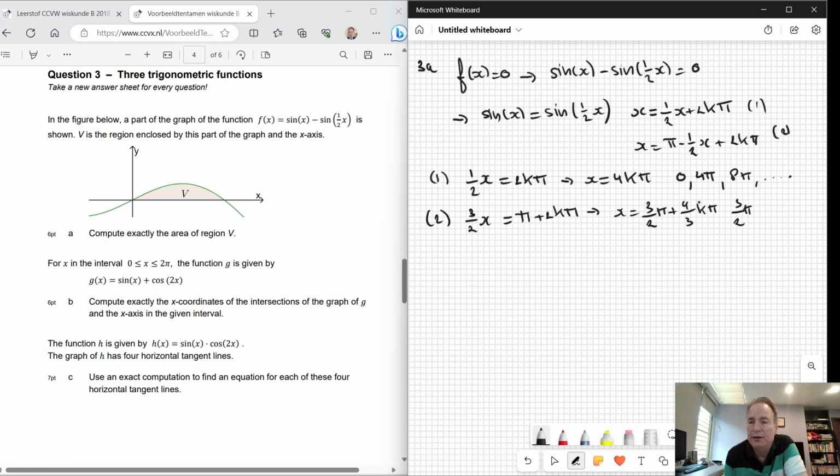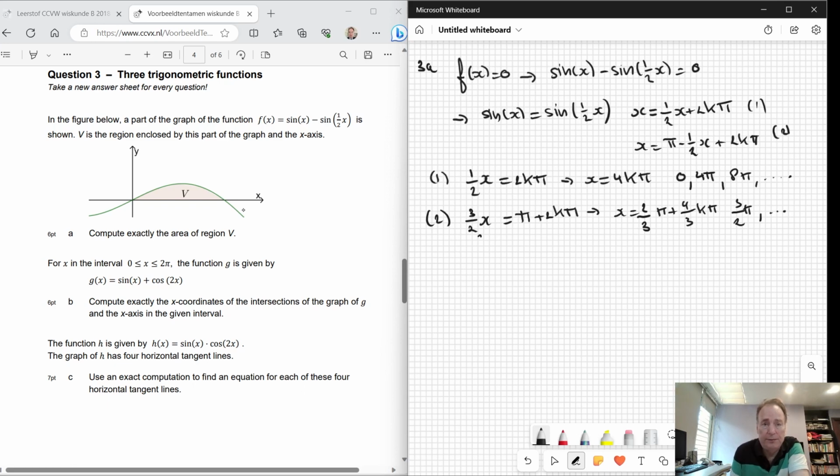If k is 1, you get 6 over 3 pi and others, but we really want to know the first one. So it's 2 over 3 pi.